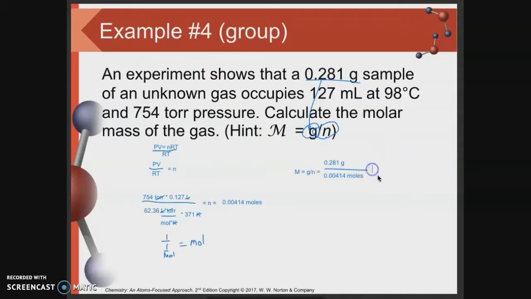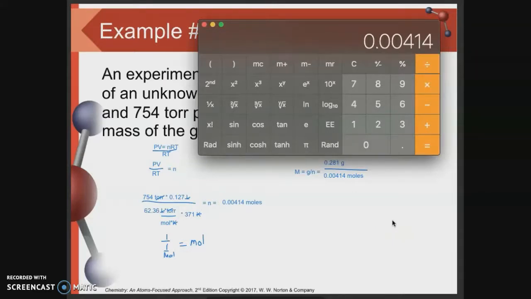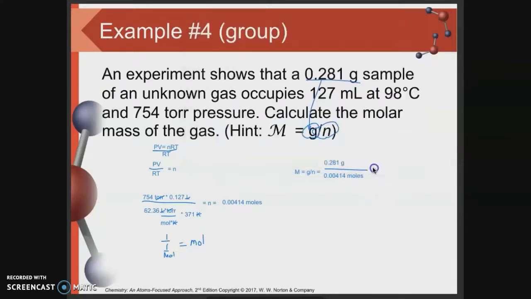So putting that all together now, 0.281 divided by 0.00414, we get, to three significant figures, 67.9 grams per mole as our molar mass.